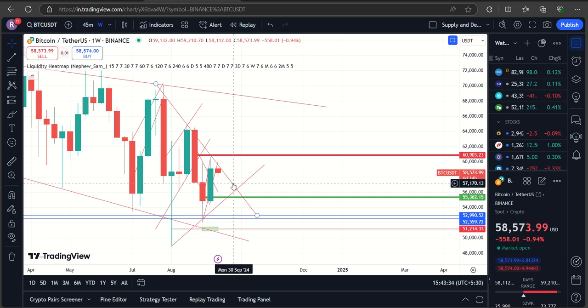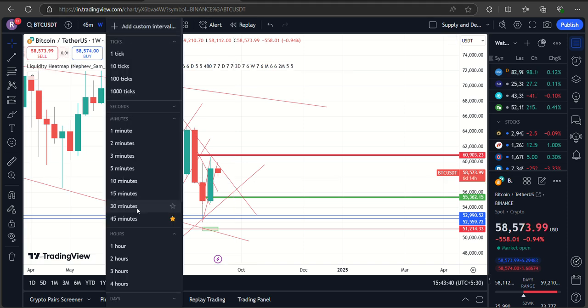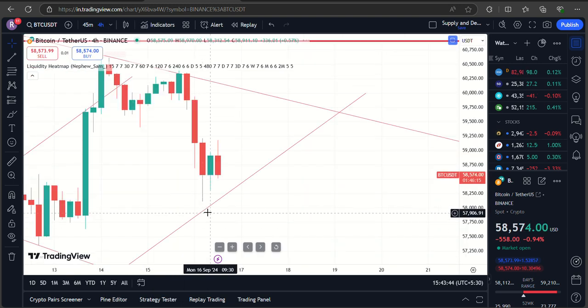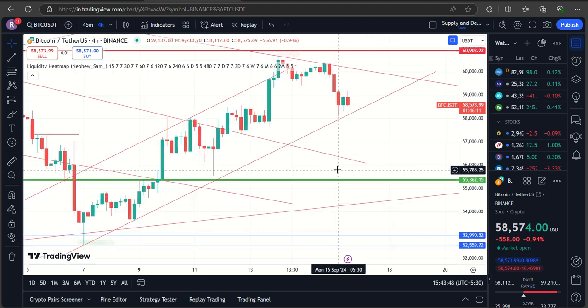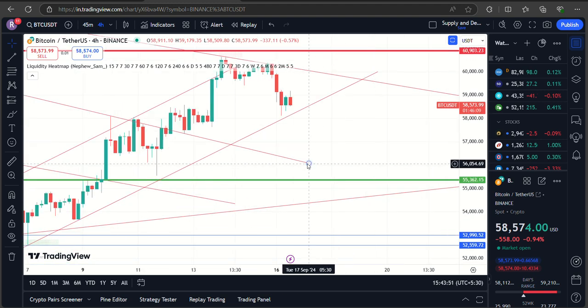and where should we have the pullback target? So let's see. Okay. If we break this area, there are two scenarios we can have.